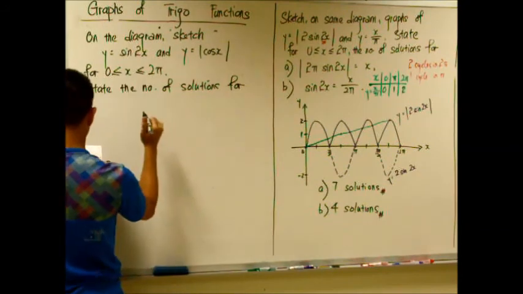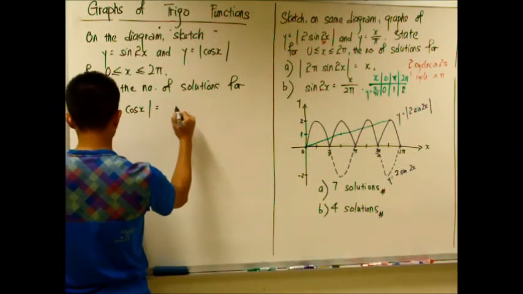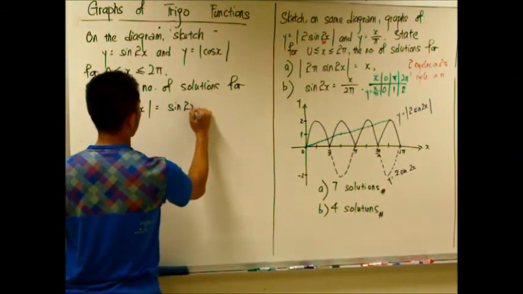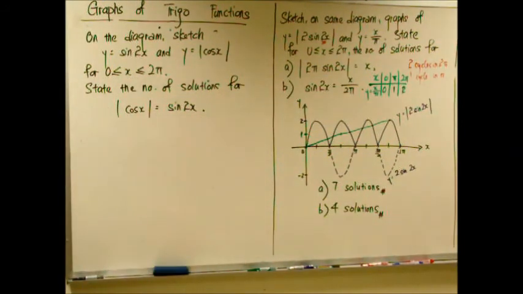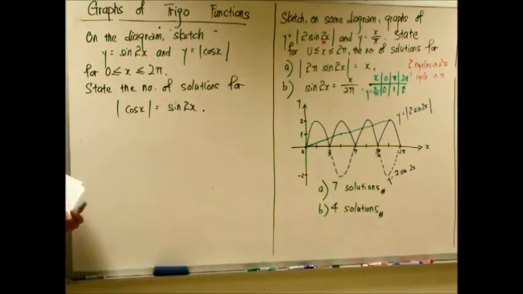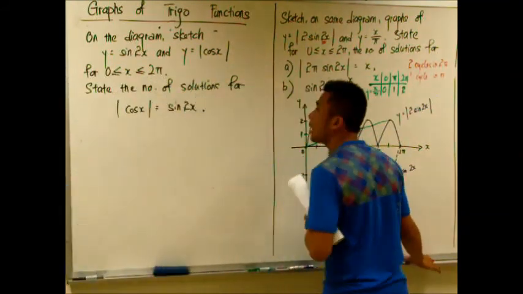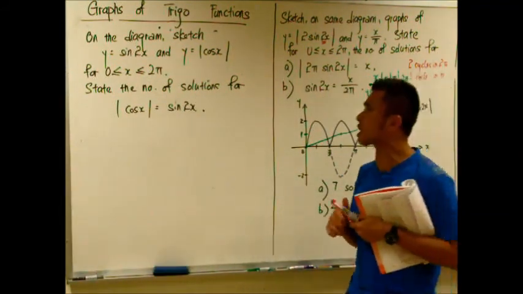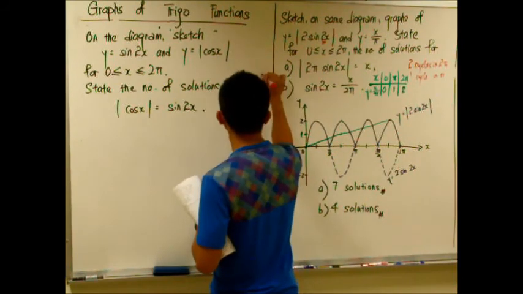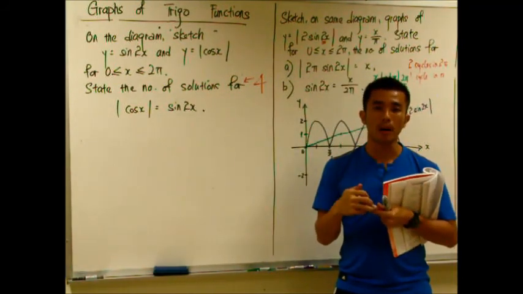Simple as that. In one graph, you have to draw both the sine and cosine x. Give it a try. I believe you can do it within 5 minutes. And if you are able to tell me that the number of solutions is equal to 4, well done. Give yourself a round of applause.